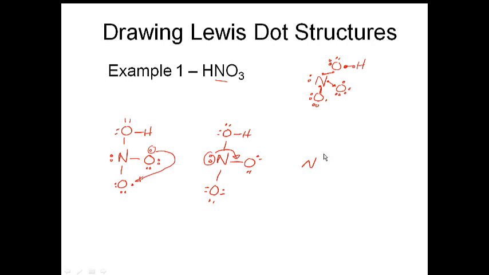So one of my final possible Lewis dot structures would be this. Now all of the atoms have filled octets, and everything is okay for this molecule in the Lewis dot structure that I've written.